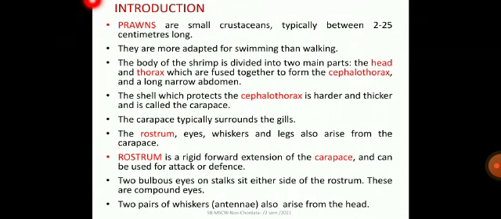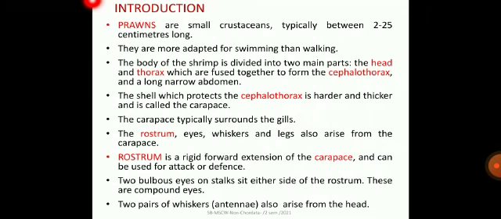Then let's study a little bit about the prawns. Prawns are small crustaceans, typically between 2 to 25 centimeters long. They are more adapted for swimming than walking. The body of the shrimp is divided into two main parts, the head and thorax, which are fused together to form the cephalothorax, and a long narrow abdomen.